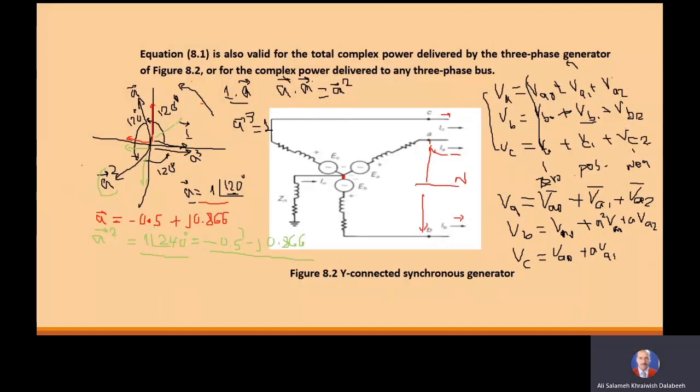And VC2 leads VA2 by 240 degrees, which means that VC2 is equal to A square VA2.